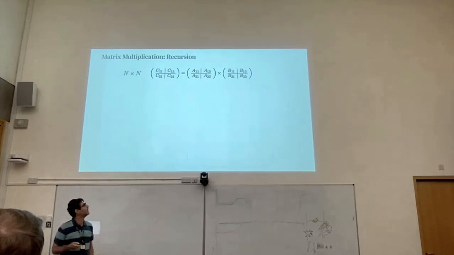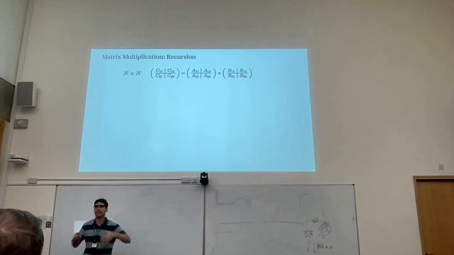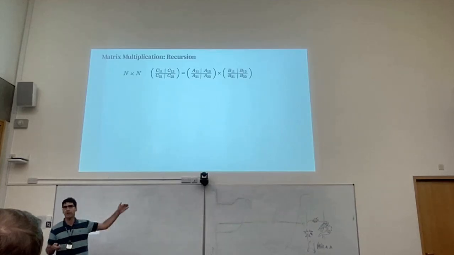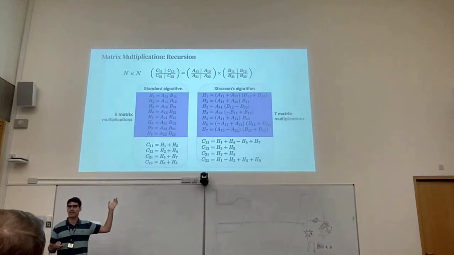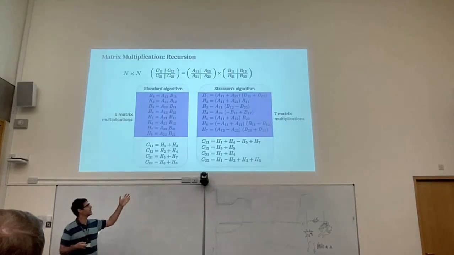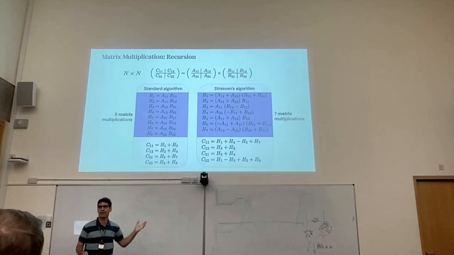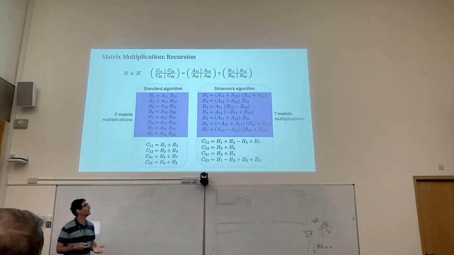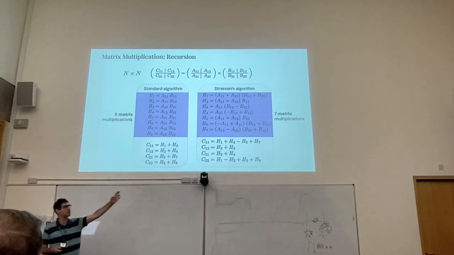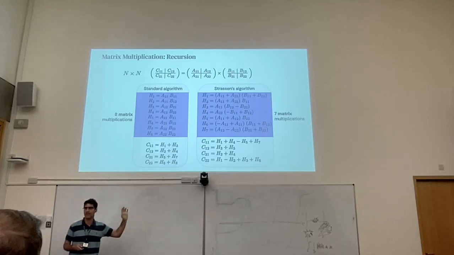The thing is that if you consider bigger matrices, you can split them in blocks, and then the algorithm from the previous slide still applies here. The only difference is that everything is in capital letters. It was scalar before, now it's matrix. So we go from 8 matrix multiplications to 7 matrix multiplications, and that starts to be a big difference.